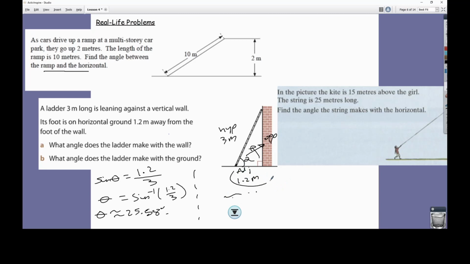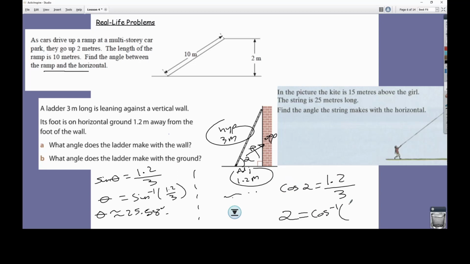So let's work this out. I have the adjacent and I have the hypotenuse, which means I can use cosine. So cosine alpha is adjacent, which is 1.2 now, because now it's alpha, the angle at the base, over the hypotenuse of 3. To undo my cosine, I just need to do cos minus 1 of both sides. Cos minus 1 on the left undoes the cosine.